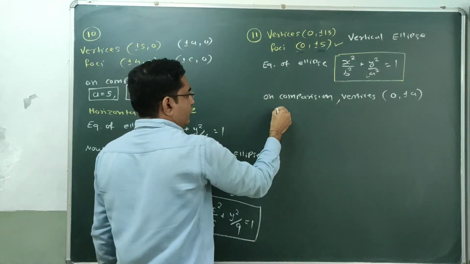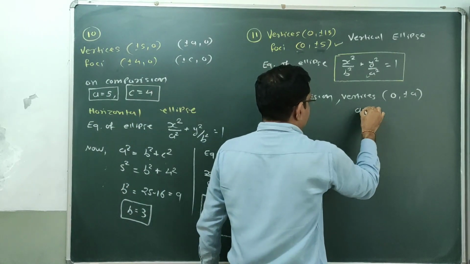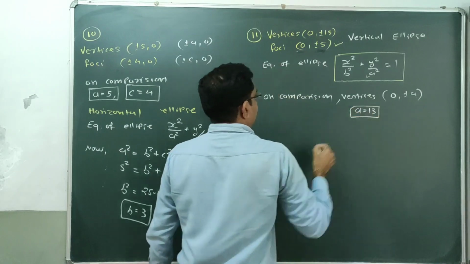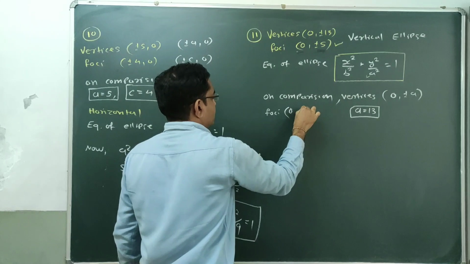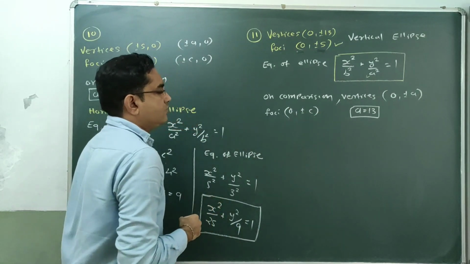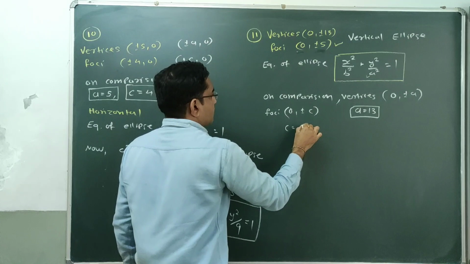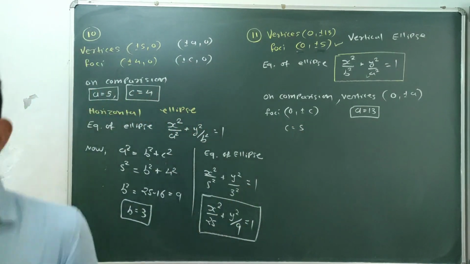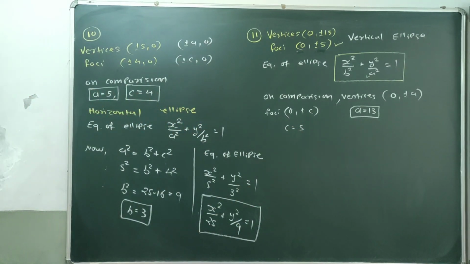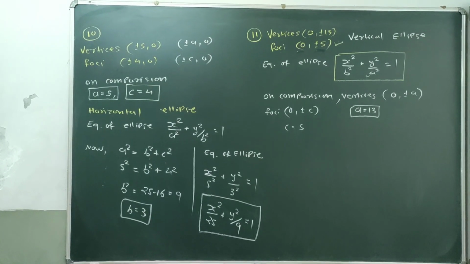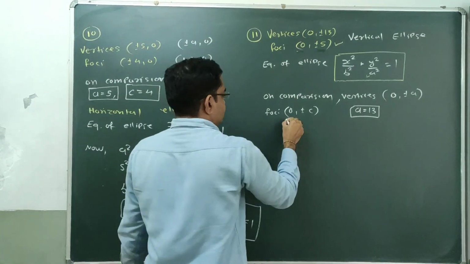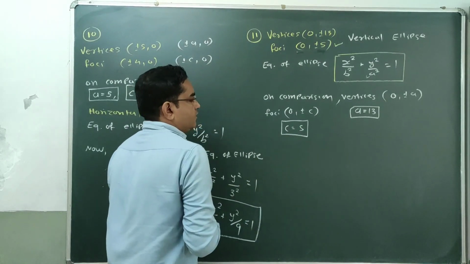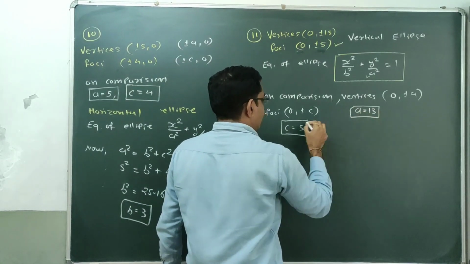So we are getting the value of a, which is equal to 13, and coordinates of foci will be 0, plus or minus c. So c will be 5. So here we have the values of a and c.